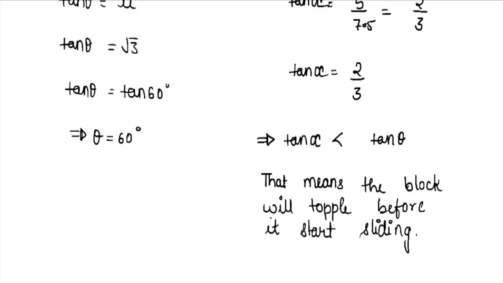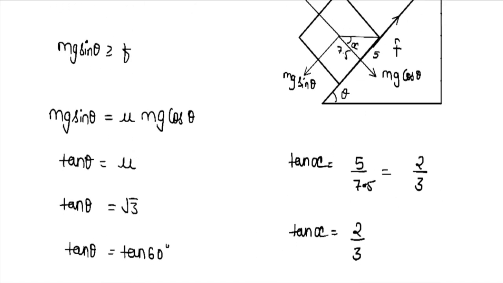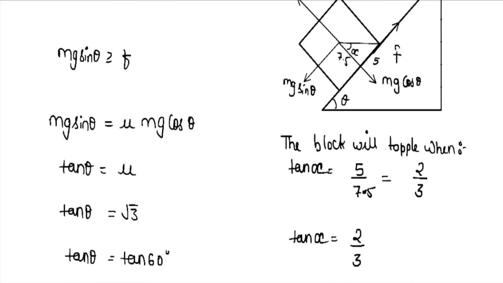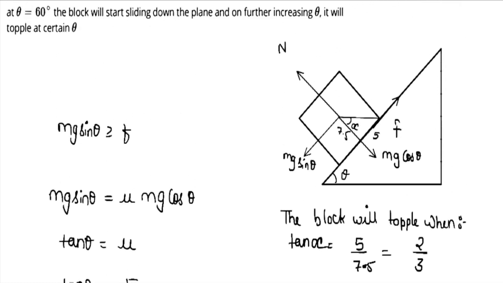Okay, and this is the condition for the block to topple. So the block will topple when, and all of this occurs. So this is our first condition and this is our second condition. Let me write it here also.